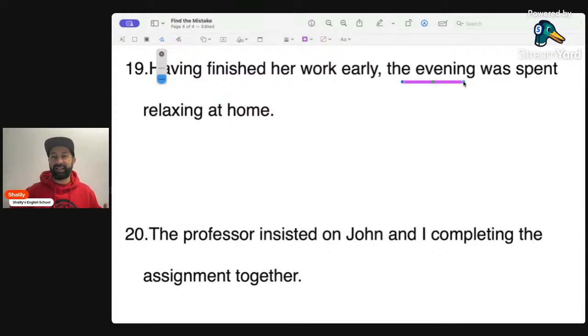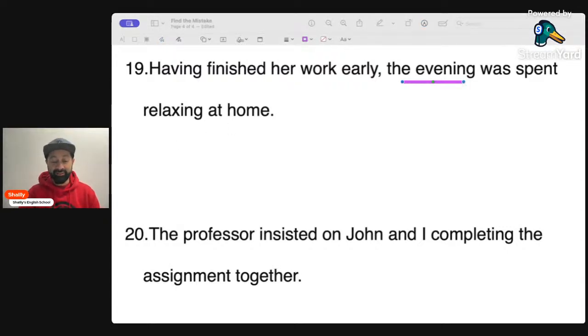This kind of lacks clarity. It's very unclear because the evening cannot be the subject of this sentence, because we want to know who spent time relaxing at home. So it's very unclear who is spending this time. It's important here that we add a clear subject of who is doing the action.